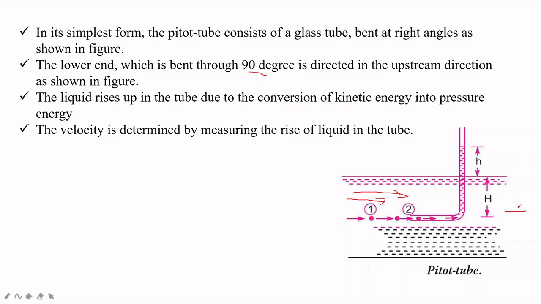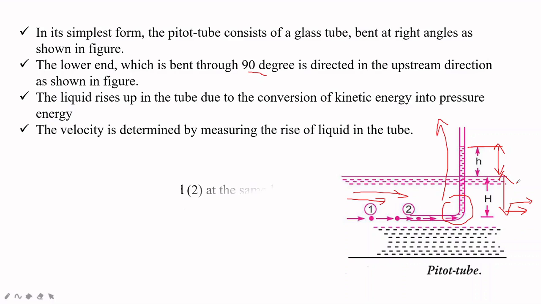This is the downstream side. Whenever the liquid comes here, it rises up in the tube due to the conversion of kinetic energy into pressure energy. So the velocity is determined by measuring the rise of the liquid in the tube. This is the principle behind this pitot tube.